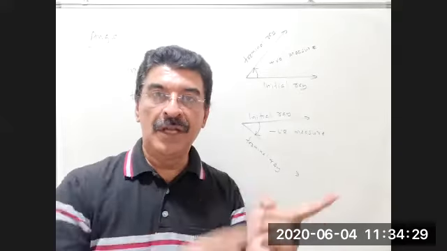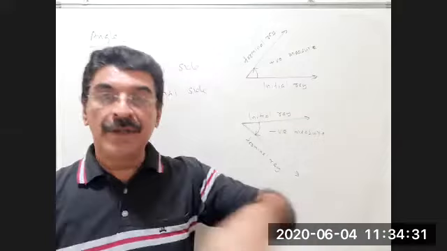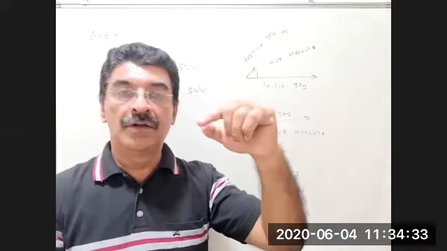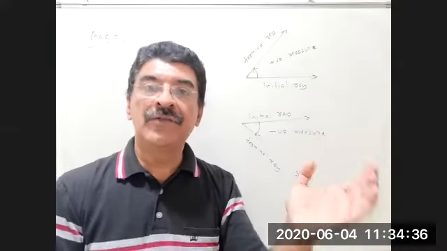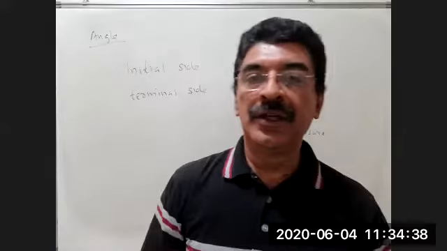So if the terminal ray moves on after completing one revolution, again it can move on. Then in such cases, we get angle measures whose degree measure is more than 360 degrees.